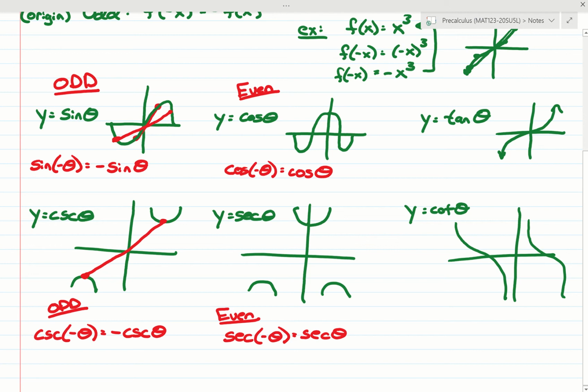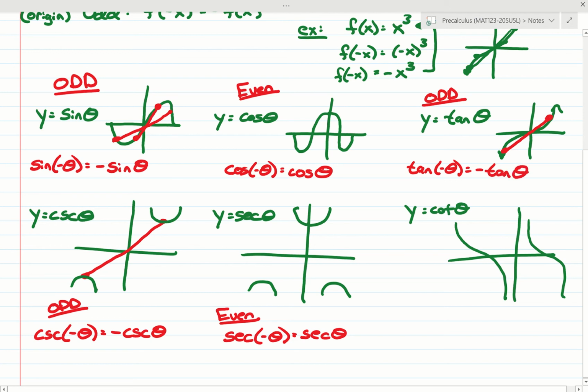And tangent, looks like this is an odd function because it's a cubic graph. And that means that the tangent of negative theta is equal to the opposite of the tangent of theta.